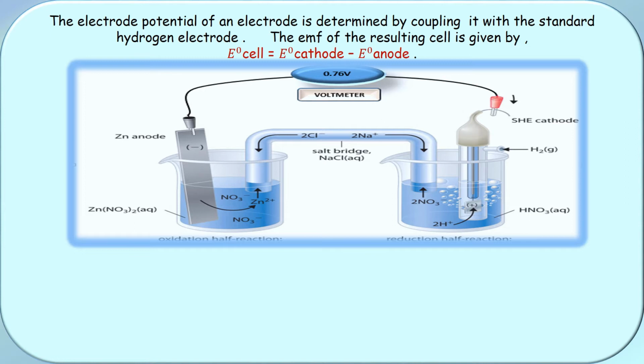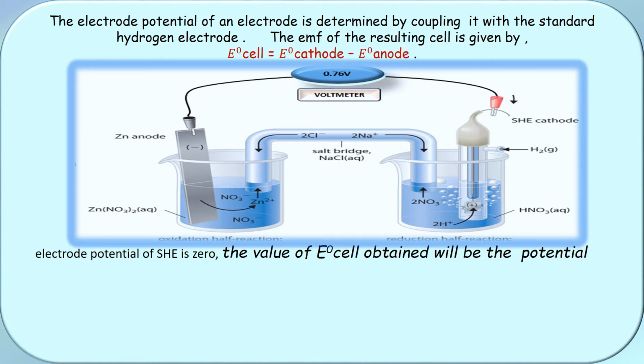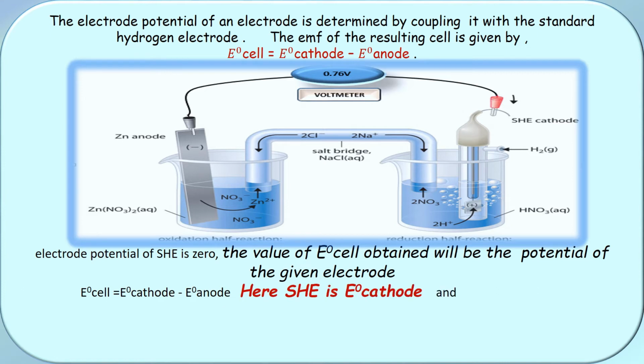Now if you substitute this in our equation, here the electrode potential of the standard hydrogen electrode is taken as 0. If you substitute in our equation for E0 cell, you will get this. E0 cathode is SHE.